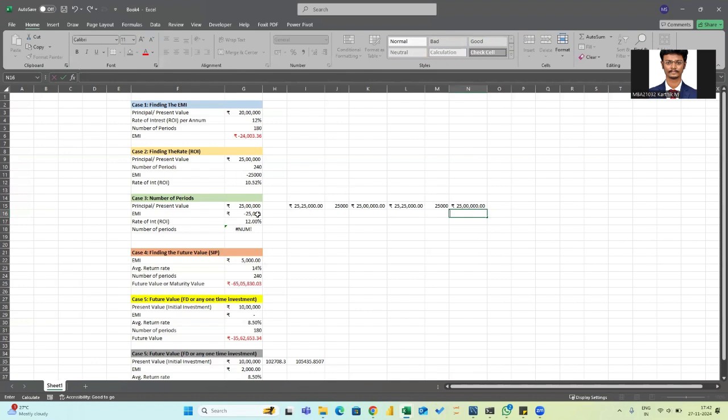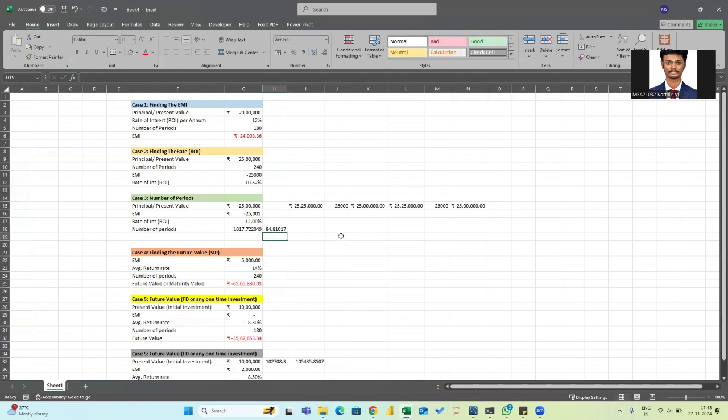So let's put 1 rupee more here. See, you're getting 1017 months, which is 84 years.